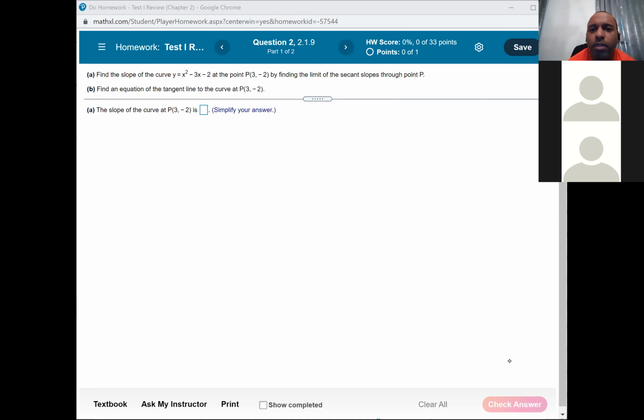Find the limit of secant slopes through point P. Find the equation of the tangent line. That is the problem you're talking about, right? Yes. Okay.